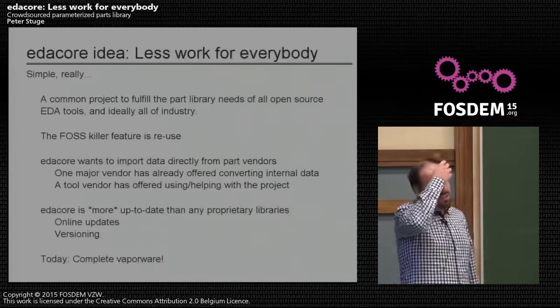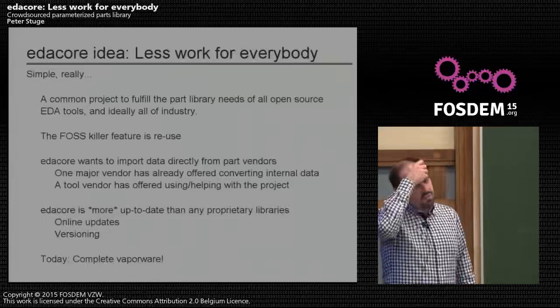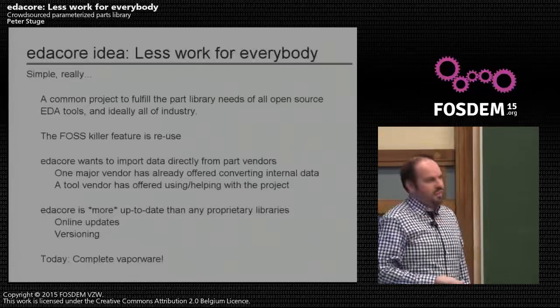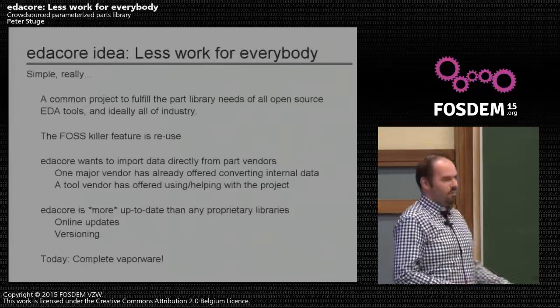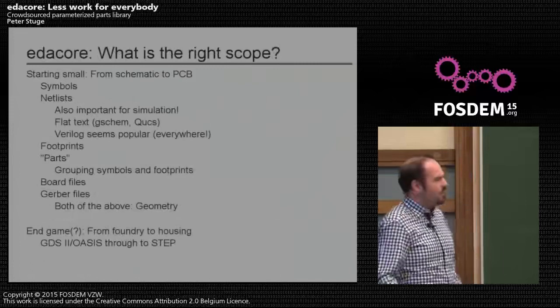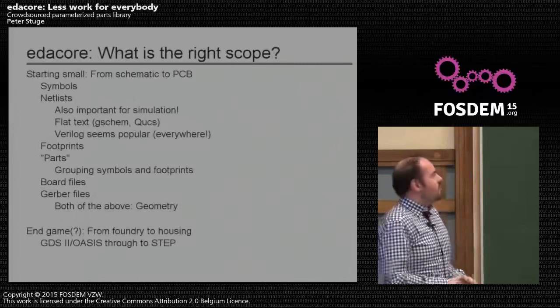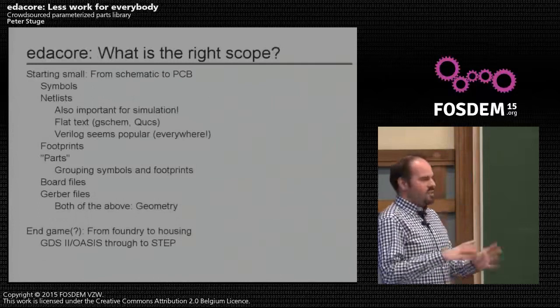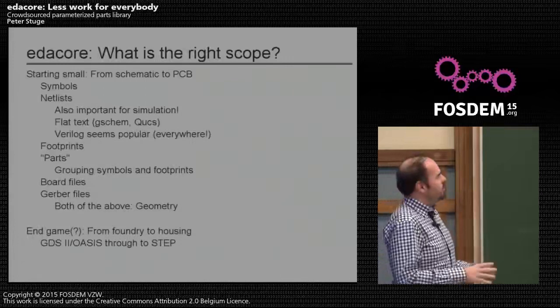A question that we have to think about is what is the scope of this going to be? My quite ambitious goal is really to go right from the beginning all the way to the finished product, but baby steps, right? So I think the first step is somewhere at the schematic PCB boundary, or perhaps going into both of them a little bit.